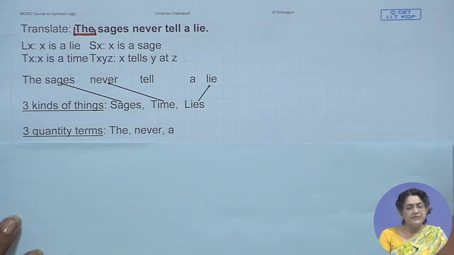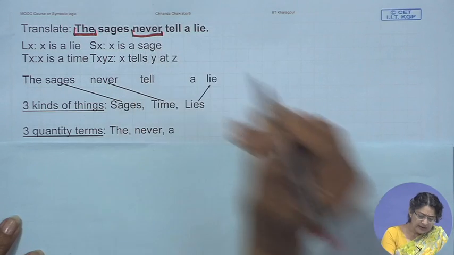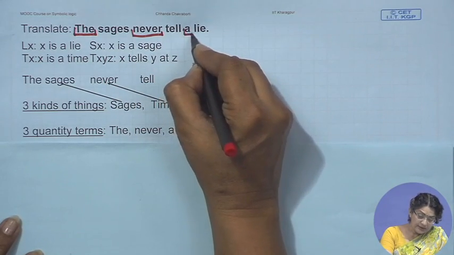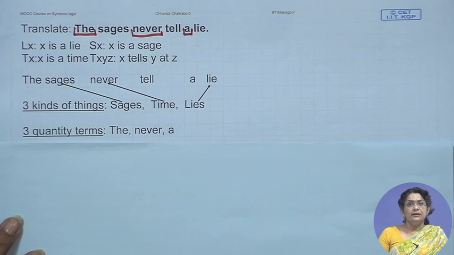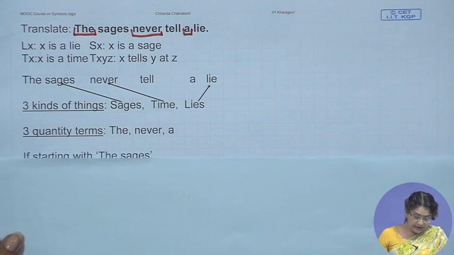That article means something. It is to be interpreted, but it is a quantity term. Then there is obviously the never, that is a quantity term, and then there is this article again called a, or a. How to interpret those things?